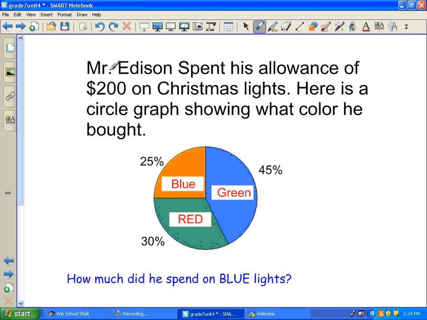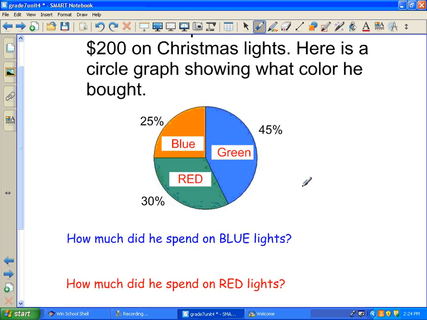It said, Mr. Edison spent his allowance of $200 on Christmas lights. Here's a circle graph showing what color he bought. So 25% of my lights were blue, 45% were green, and 30% were red. How much did he spend on blue lights? Well, what's the percent of blue? 25. So we've got 25%.